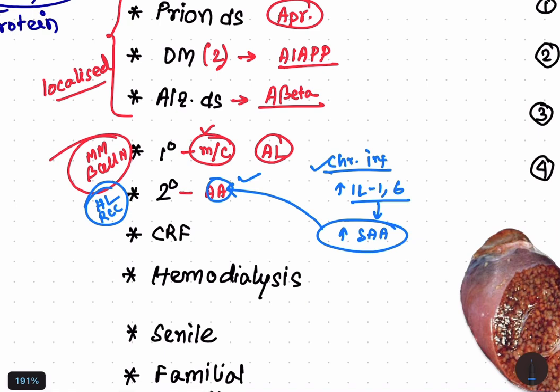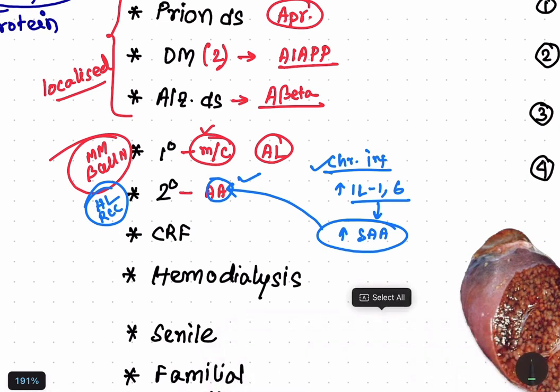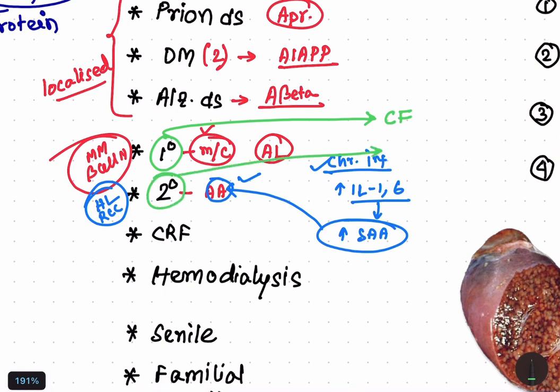So please remember, they will ask you this question: what is the most common cause of death? The most common cause of death in primary amyloidosis is cardiac failure. The most common cause of death in secondary amyloidosis is renal failure.